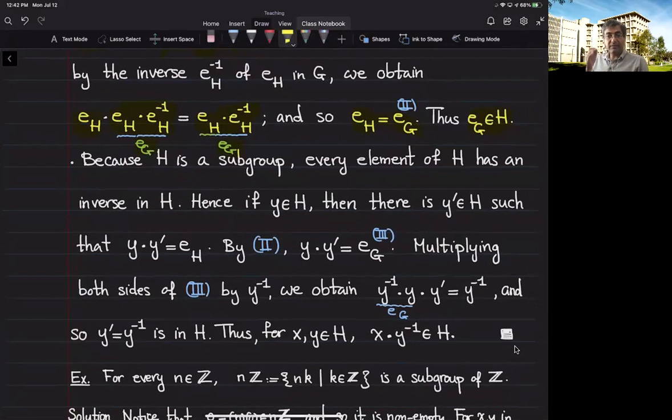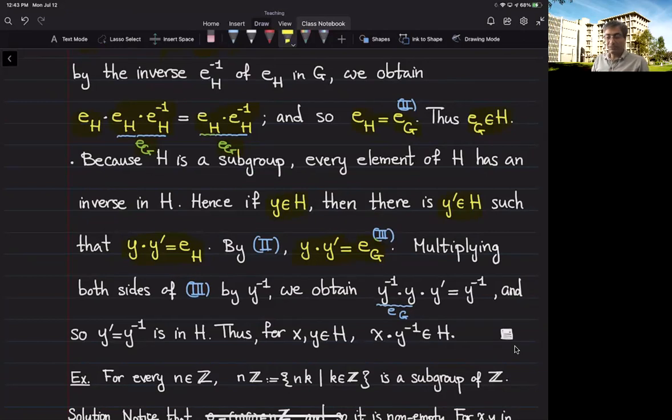Okay, so every element of H has an inverse in H. So if I give you y inside H, then I can find y prime inside H, so that y times y prime is the neutral element of the group H, and y prime times y is the neutral element of the group H. But we have just proved that the neutral element of H is the same as the neutral element of G. So that means y times y prime is equal to the neutral element of the group G. But that means y prime is the inverse of y.